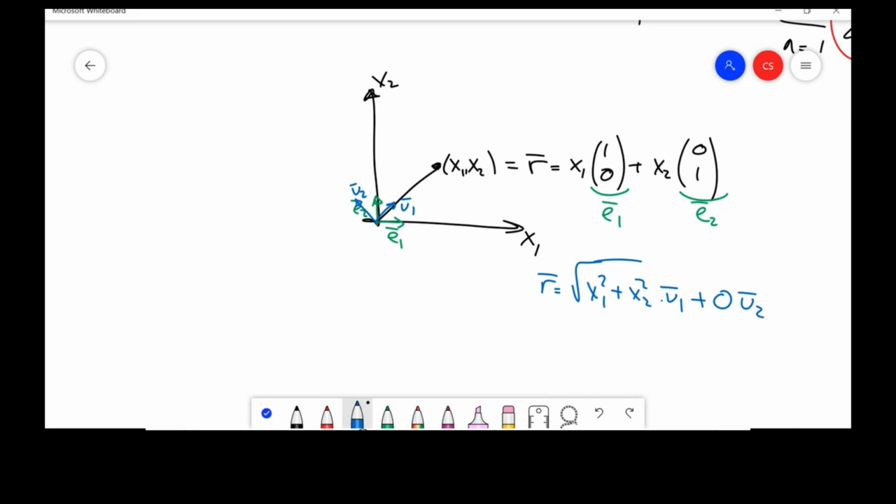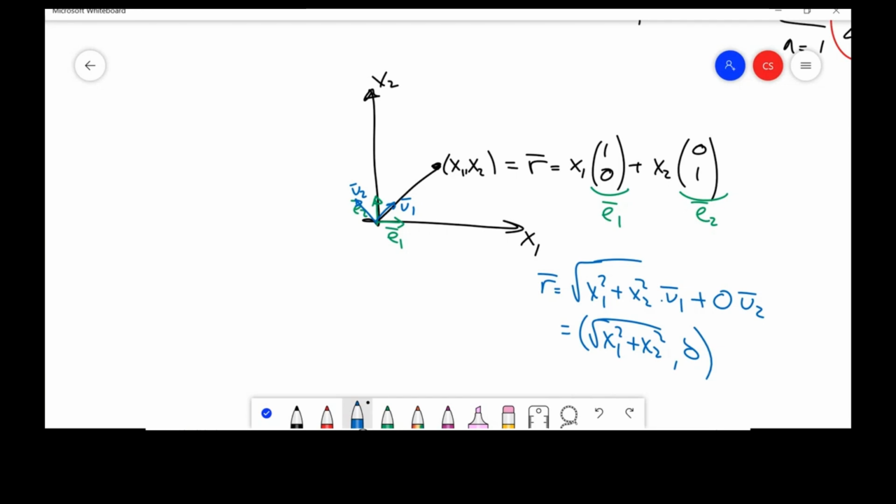So now my new coordinates in the u1, u2 basis are these ones. So now my Fourier coefficients have changed. My Fourier coefficients are the numbers that multiply my basis vectors.